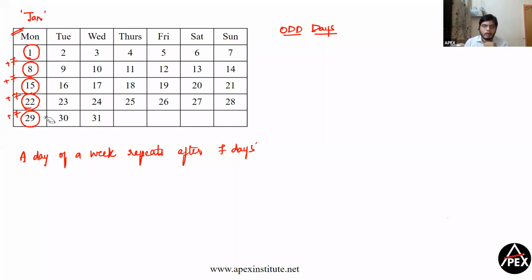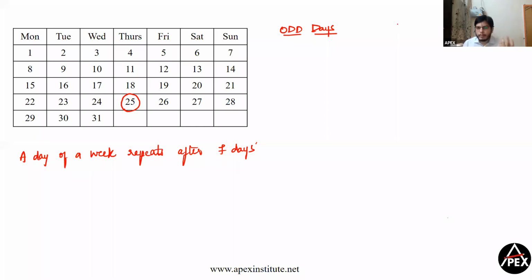Now if I tell you 1st of Jan is on Monday, and I ask you on what day of the week is 25th Jan, by looking at the calendar, what will be your answer? Thursday.